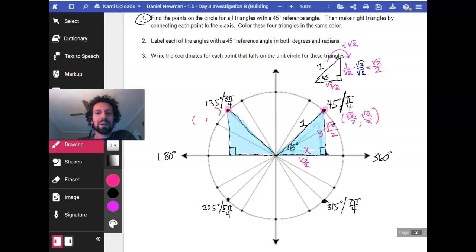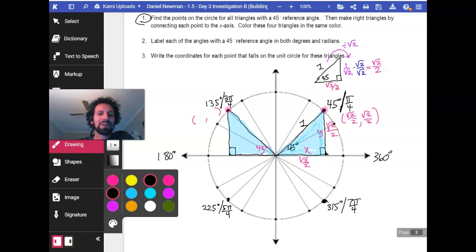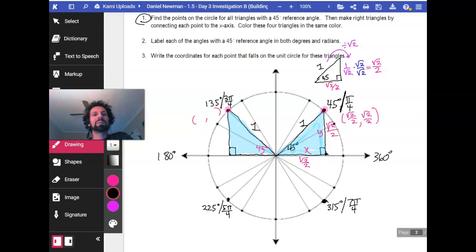Well, again, the reference angle is 45 degrees. So that's a 45-degree angle right there. And so we know the legs of the 45, 45, 90 because the hypotenuse is 1. And the legs are going to be rad 2 over 2 units to the left, which importantly makes that a negative since we're moving to the left. And we're going up rad 2 over 2 units, so that's going to be a positive value.